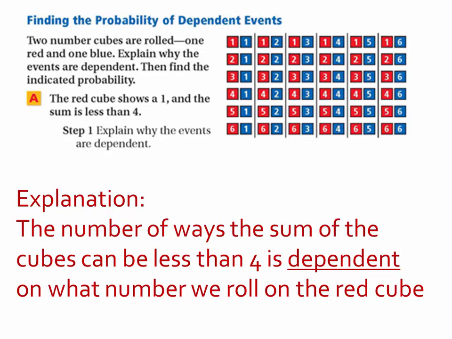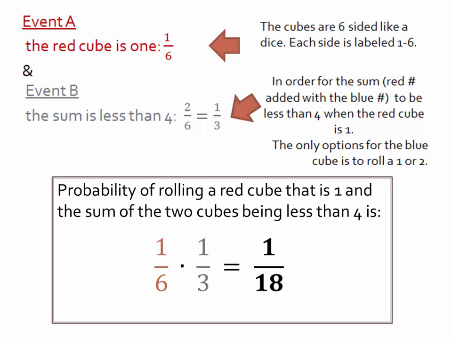So that would be 2 out of 6 options. The red cube is 1 out of 6. The sum is less than 4 is 2 out of 6, which reduces to 1/3. So the probability that both of those happen is the first event times the second event. So 1 and 1 is 1, 6 times 3 is 18.